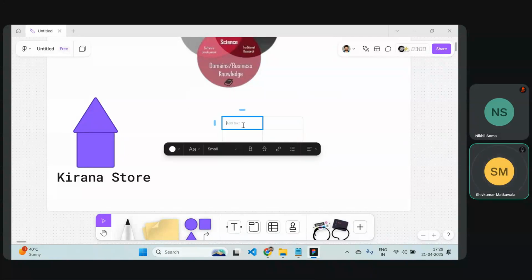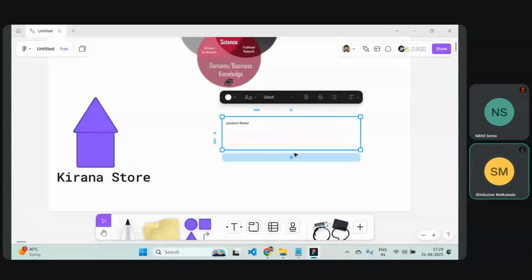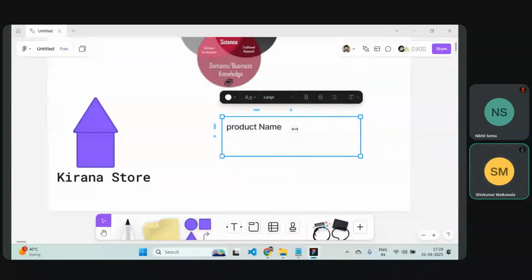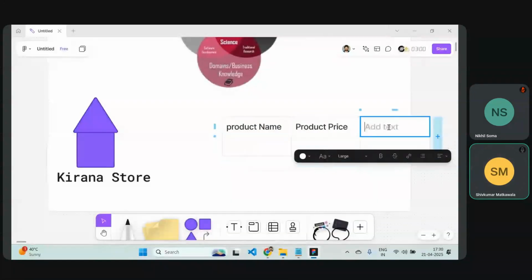Here, a product: product name, then product price, and the third one is margin.